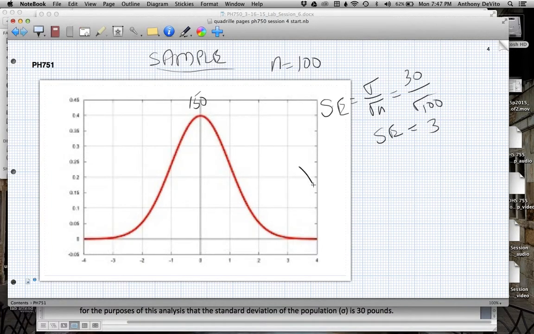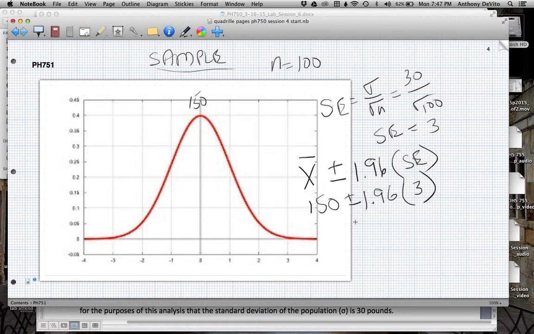So how do we calculate our confidence interval? X bar plus or minus 2 standard deviations below and 2 above. I'll be a little bit more accurate and call it 1.96 times the standard error. So X bar, the sample result, was 150, plus or minus 1.96 times 3.